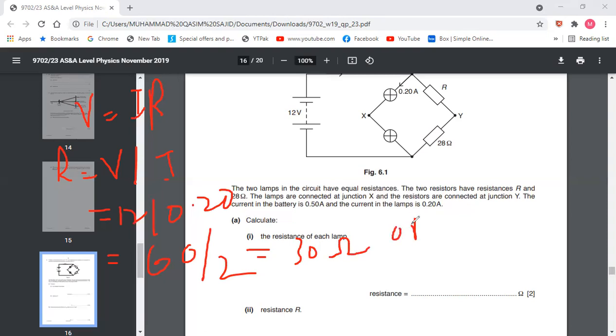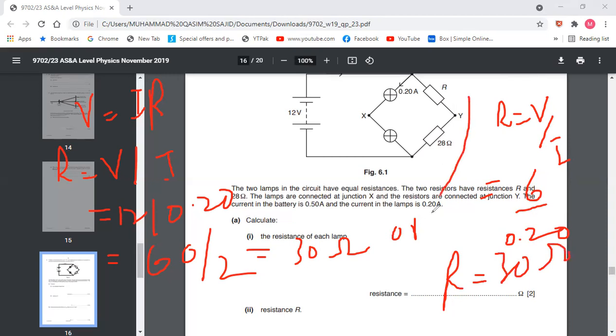Or the second method is R equals V upon I, putting the value of I equal to the lamp current. Now for each lamp, V is 6 and I is 0.20. Is this clear? Yes, sir. So R equals 30 ohm. These are the two methods to find the value of R. We can say that each lamp has the same resistance. Yes, sir, I had not read the question.